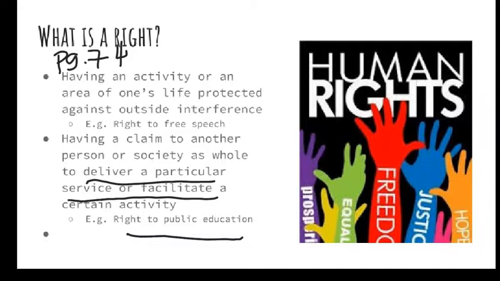We have a right to choose our leaders in the United States in a representative democracy, but that means the government does have to facilitate that right. Other examples might be a right to health care and things of that nature, where it's not just having autonomy to do what you want, but that you have a right to a basic level of services.